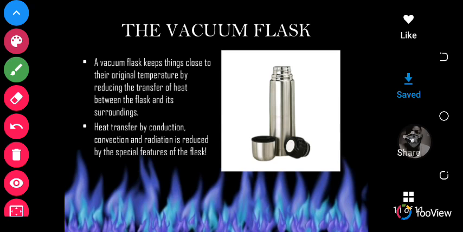So a vacuum flask uses the ideas of convection, conduction, and radiation to make sure that water or any liquid poured in it is able to have almost the same temperature for quite a long time.